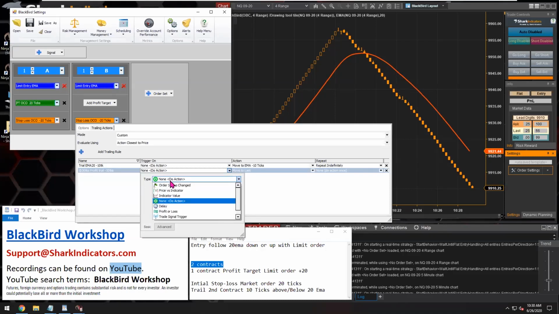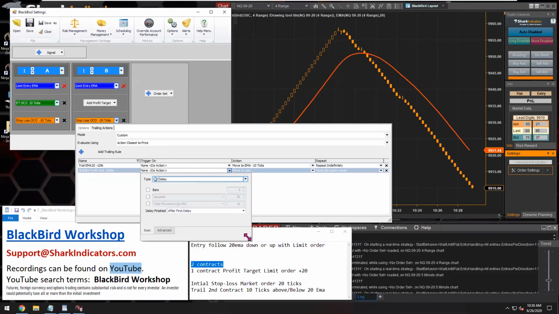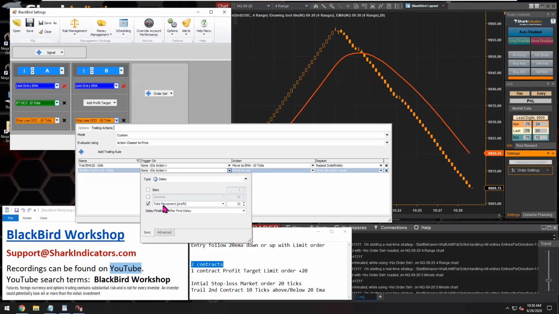The trigger, we can either use profit or loss, or we can use the delay. The delay is just a little easier to set up, but they kind of have cross functionality. So for the delay, we can use the ticks of movement, right?